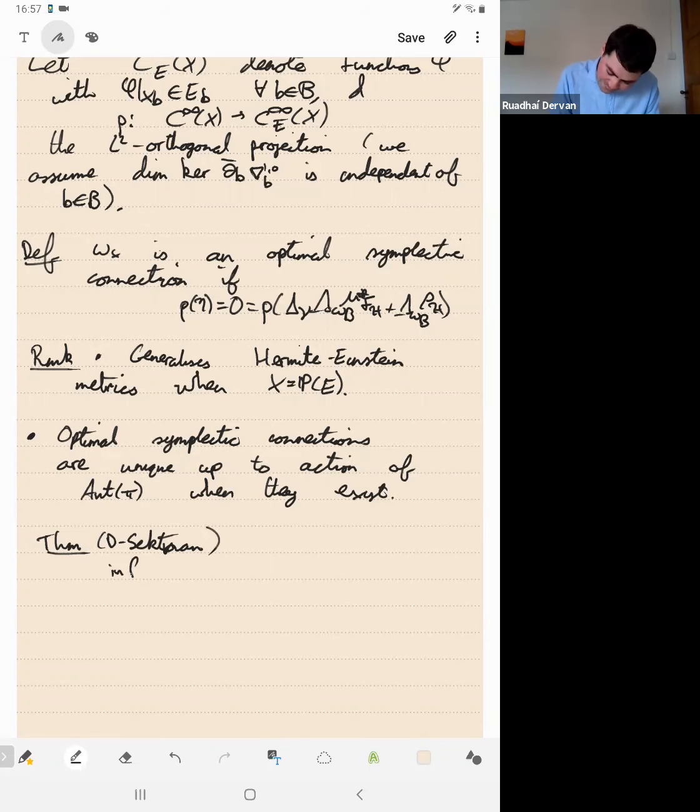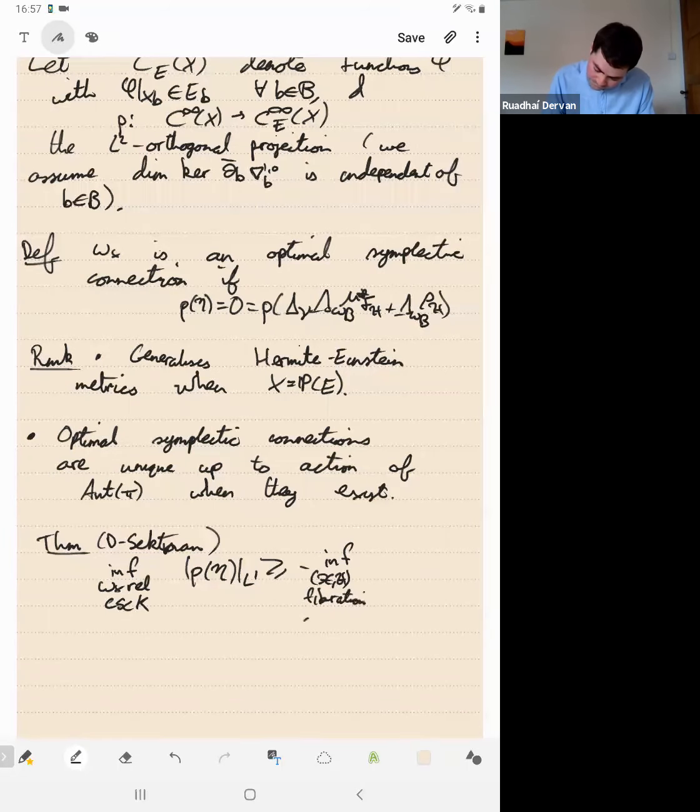This says that the infimum over omega X, relatively CSCK, by which I mean CSCK on each fiber, of the L1 norm of P of eta is bounded below by minus the infimum over the set of all fibration degenerations of J W0 of X_H plus W1 of X_H, divided by something like the L infinity norm of the fibration degeneration.